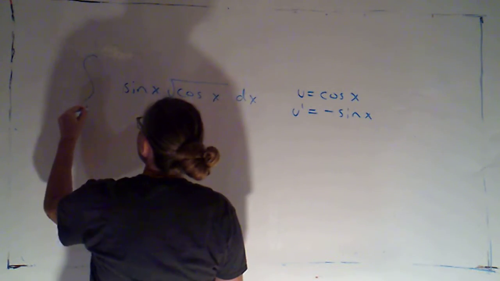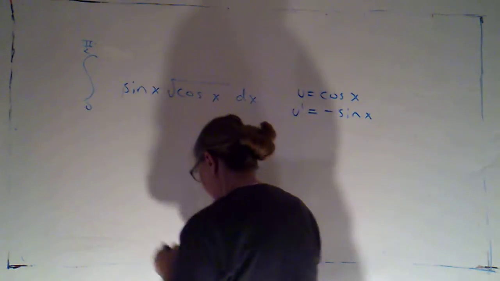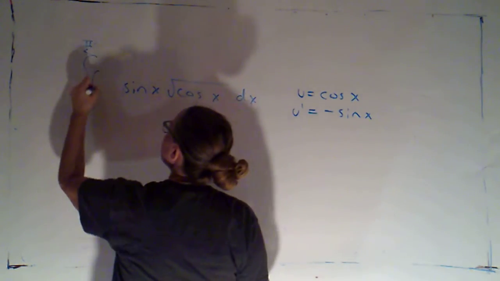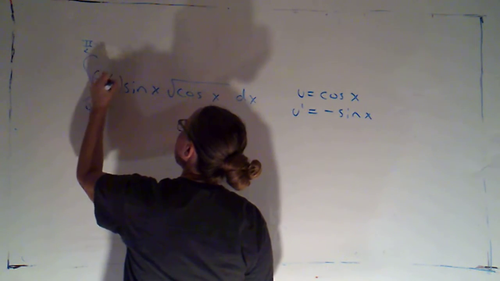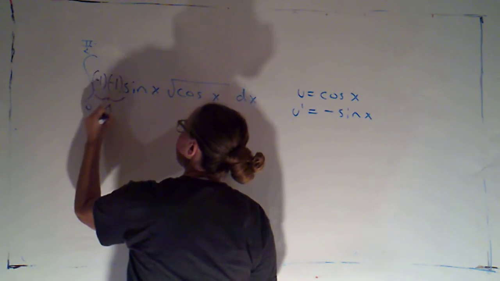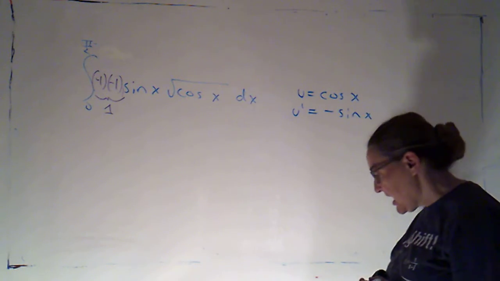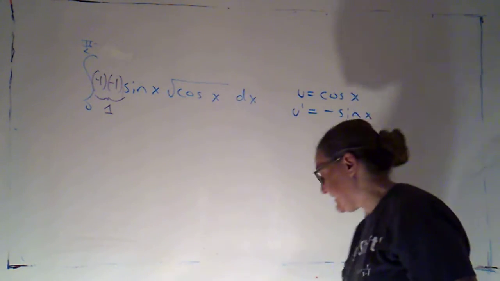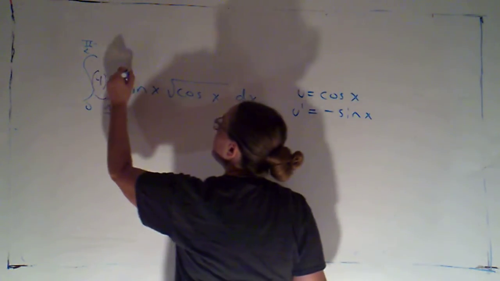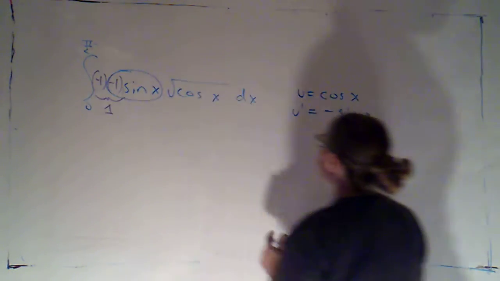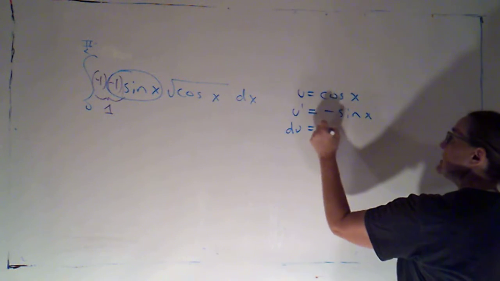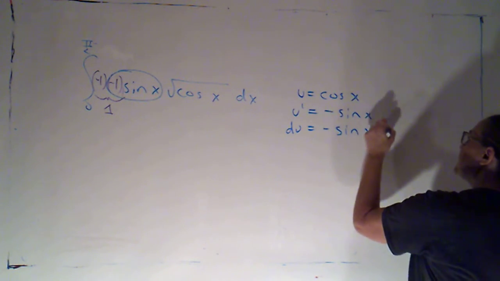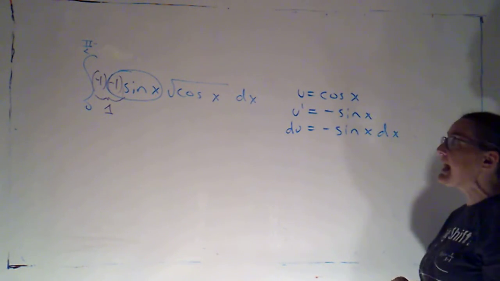This was the integral from 0 to pi over 2. I'm going to multiply by 1 in the form of -1 times -1. That's just 1. So I can introduce what I was missing there. Now, this -1 in sine x can get absorbed into the du, because du would be negative sine x dx.